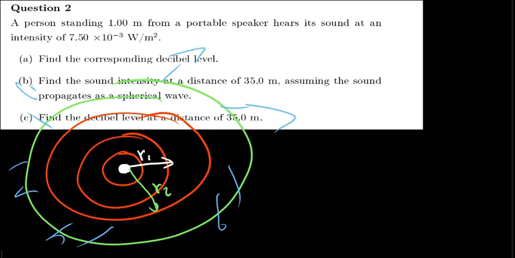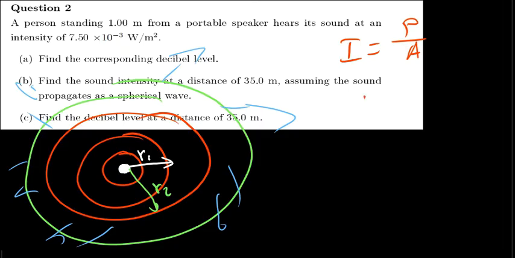Now one thing we have to know is that whenever we are talking about intensity, intensity is given by the power divided by the area, because the SI unit for intensity is watts per square meter.